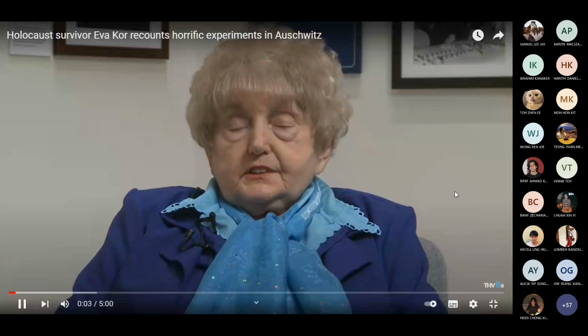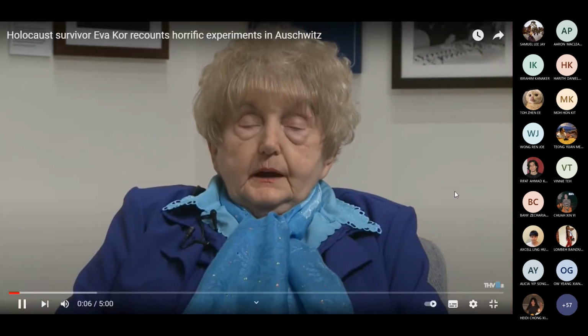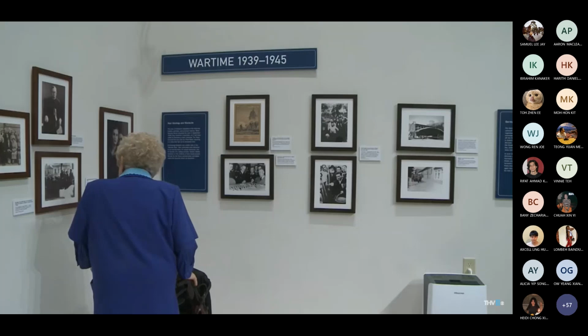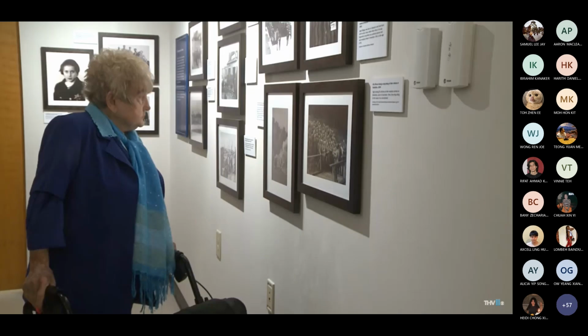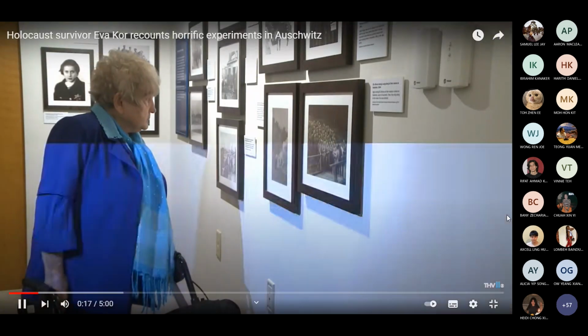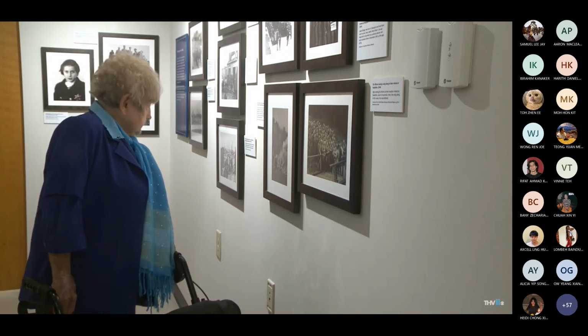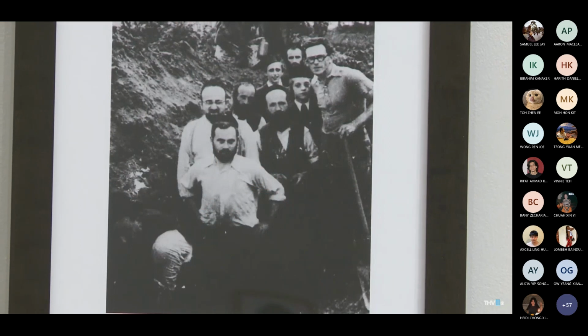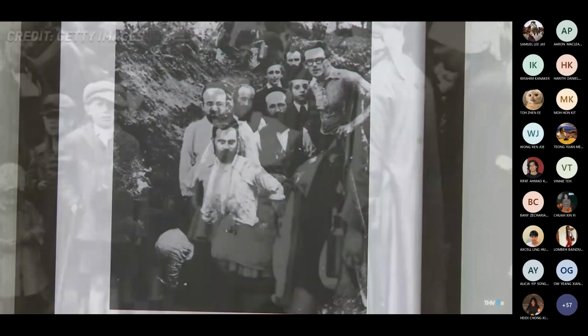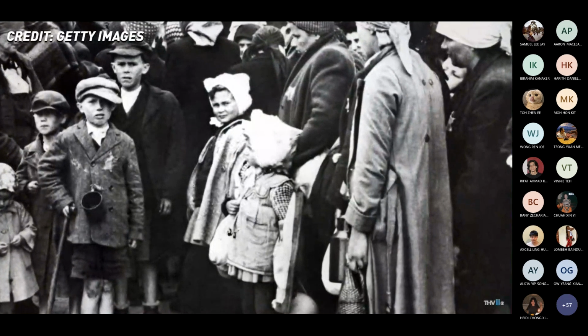Village in Transylvania, Romania. Eva Kor in her early 80s, full of life. But there was once a time when she never believed she would make it through her childhood. Her family, the only Jewish people in her small village, and one day everything changed. And they passed all kind of laws to make our life difficult, only on Jews. And we were the only Jewish people in the village. So in 1944, we were taken to a ghetto for a short time and then on to, they said, a labor camp, but they loaded us into cattle cars.